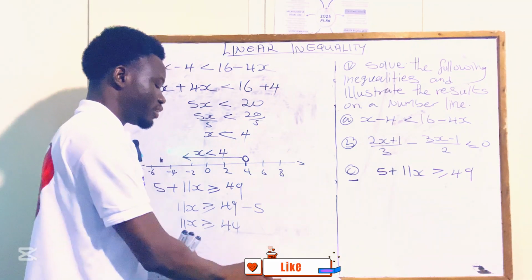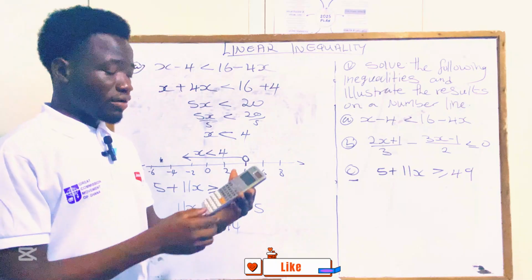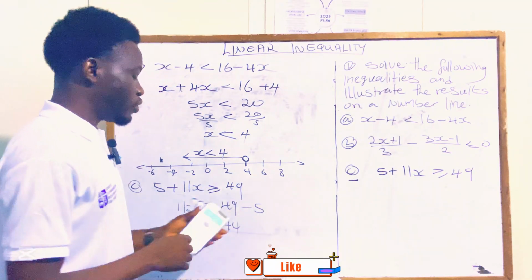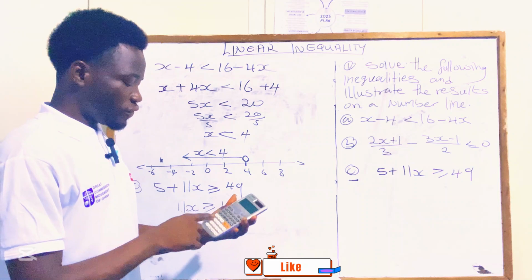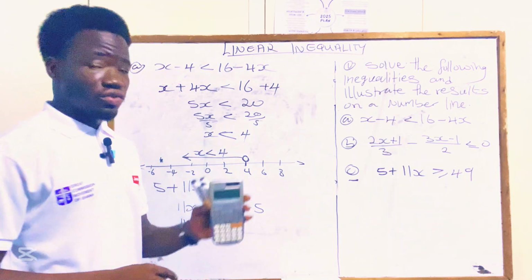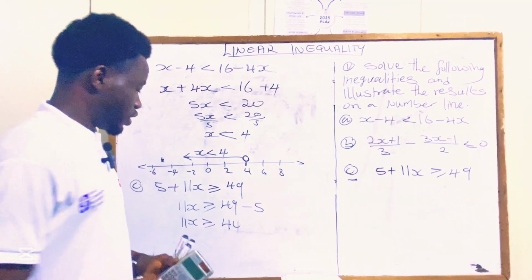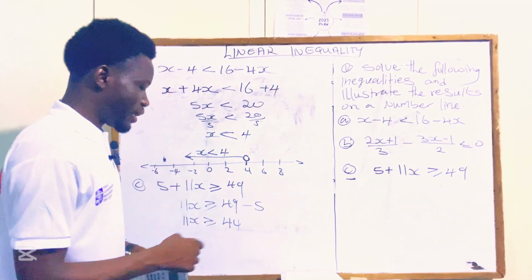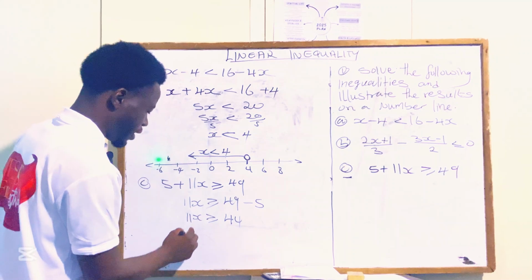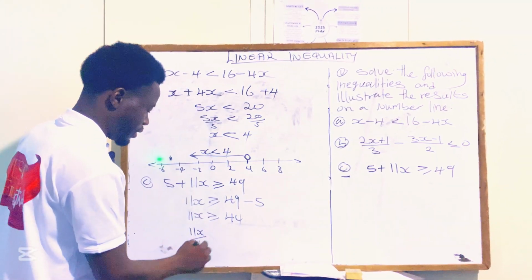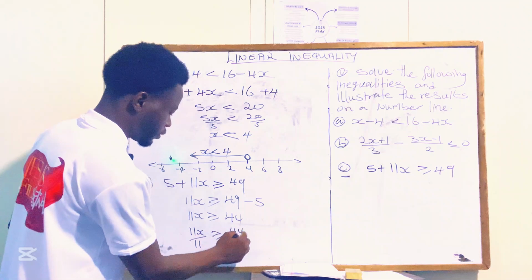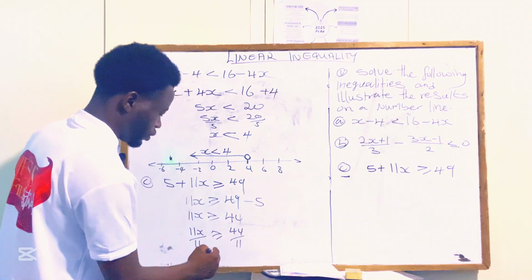And again, I always admonish that at this level, always use your calculator to confirm your working so that you don't make mistakes. So if you type in 49 minus 5, it is telling us what? 44. And then you divide both sides by 11.